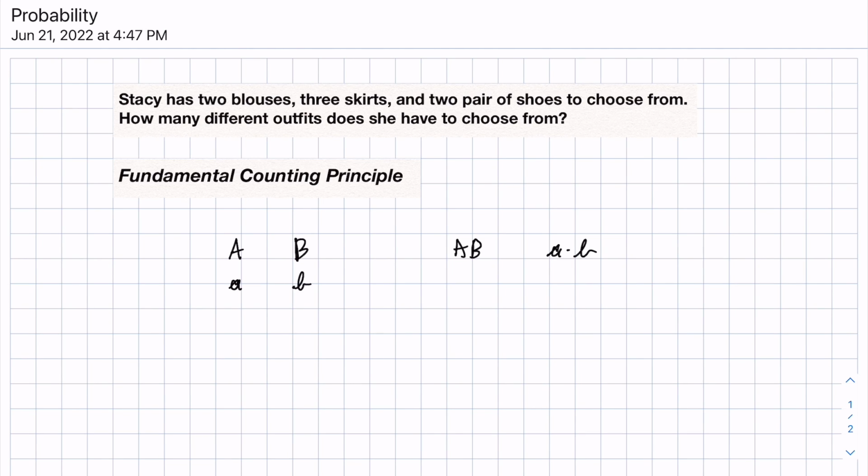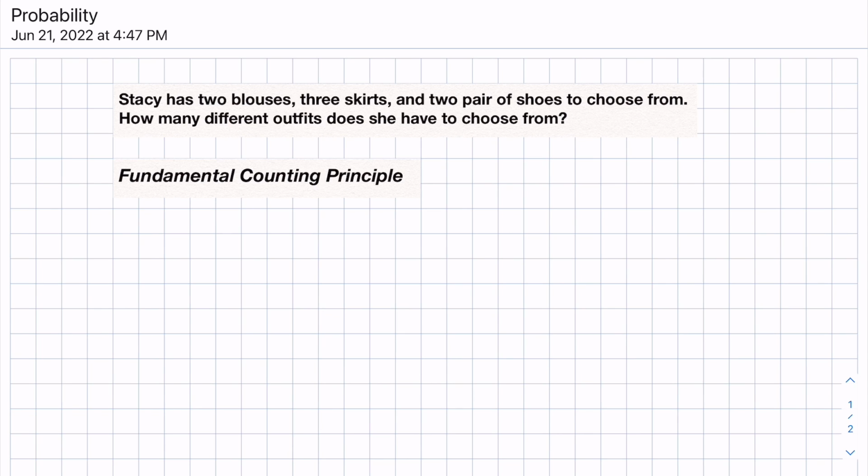If you probably didn't understand what I said by just saying the words out, I think it's best if I show you what I mean. In the Stacy's outfits problem scenario, we can apply the fundamental counting principle like so. We have three different events: the blouses, the skirts, and the pair of shoes.